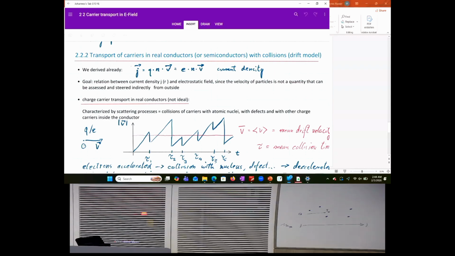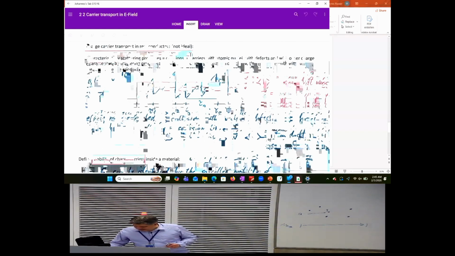But if you look at the larger distance, and at the assembly of all these charge carriers, then in the end you will obtain some mean drift velocity. So you're working here with the mean velocity of these charge carriers.